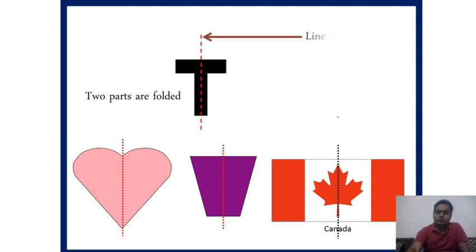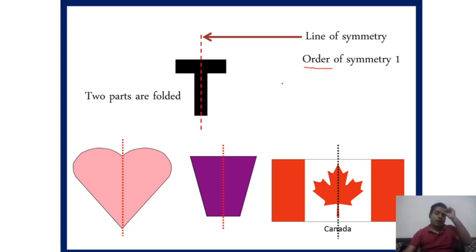Now, along with line of symmetry, there is the order of symmetry. What is order? The number of lines by which the shape is divided into the same shapes is said to be the order of symmetry. T has one line, which divides it into two equal parts, and that's why it has one line of symmetry.